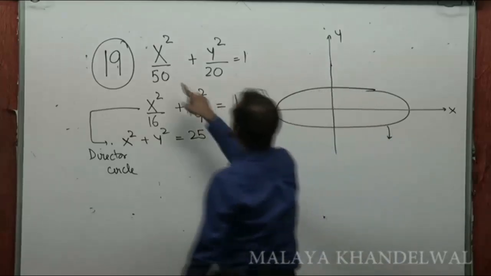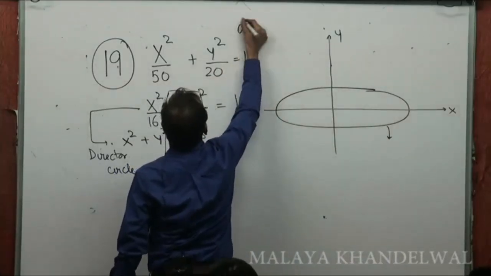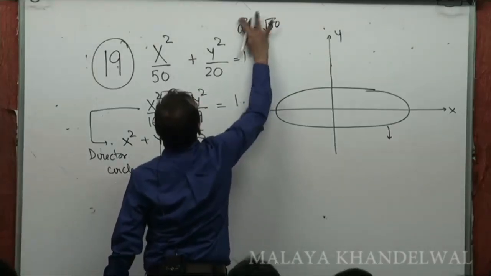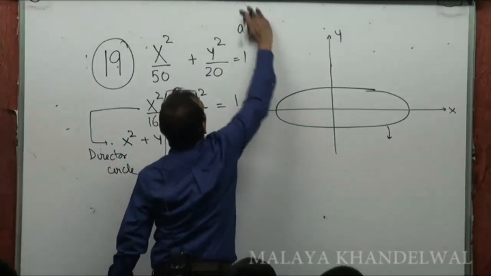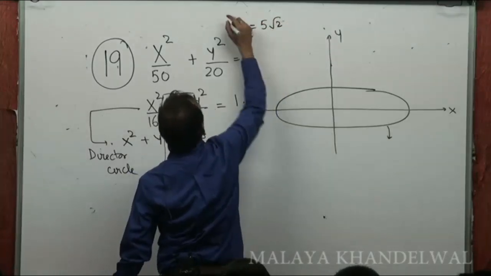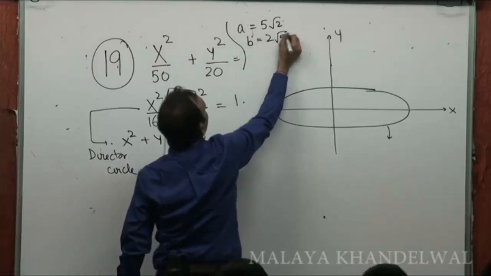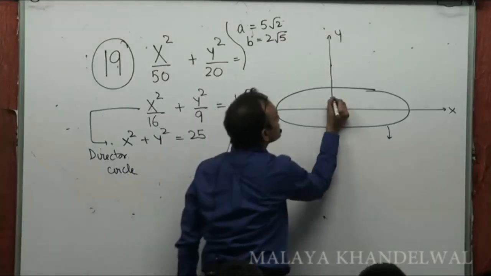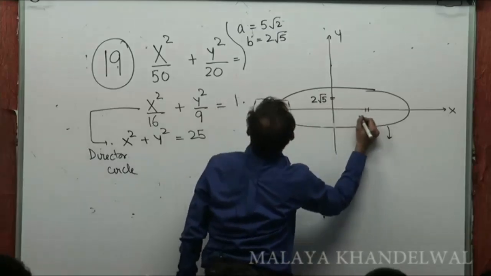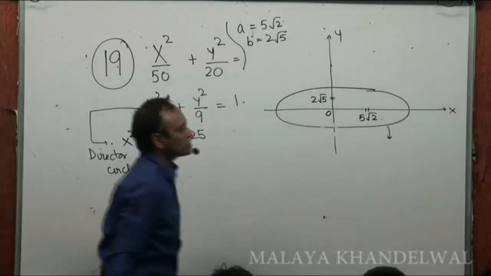That means in this ellipse, a square is 50, so a is 5 root 2, the semi-major axis of the ellipse, and b is 2 root 5. That means this is 2 root 5 and this is 5 root 2 for this ellipse.